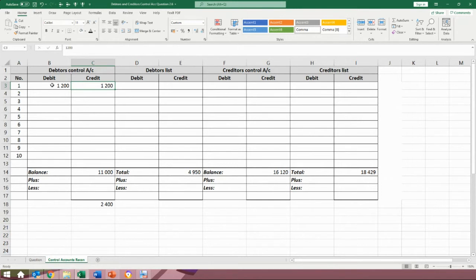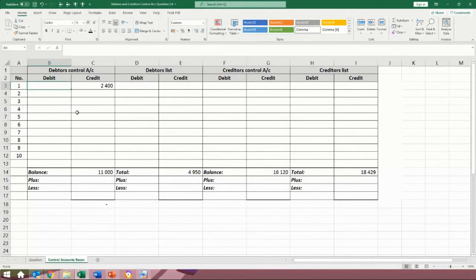But because it shouldn't be 0, it should actually be 1,200 on the credit side, I have to add another 1,200 on the credit side to get a net of 1,200. So to correct the balance, I will show 2,400 on the credit to correct the mistake. That's how you correct the first entry.